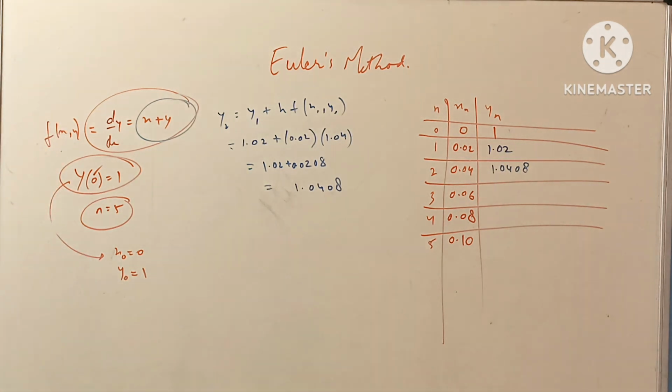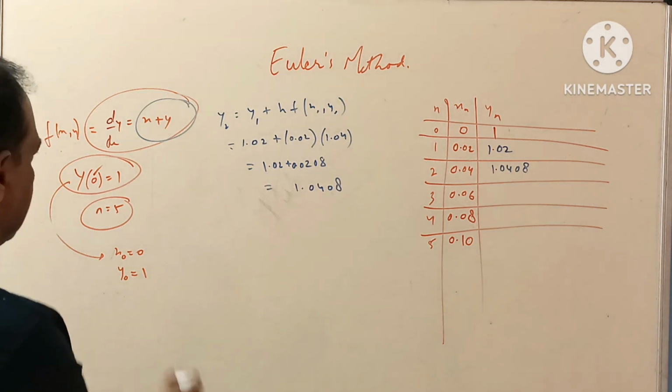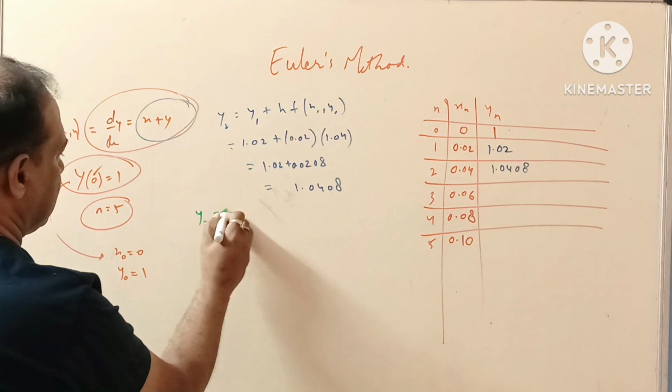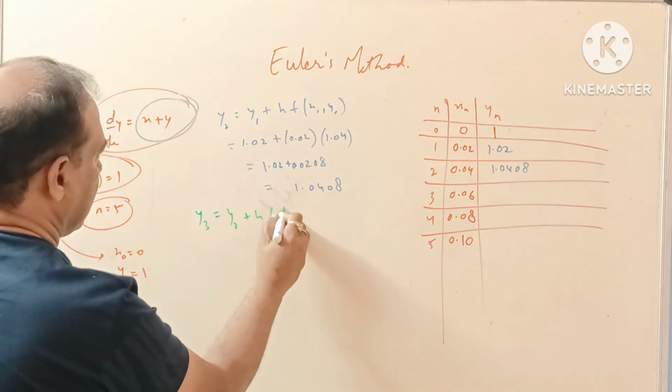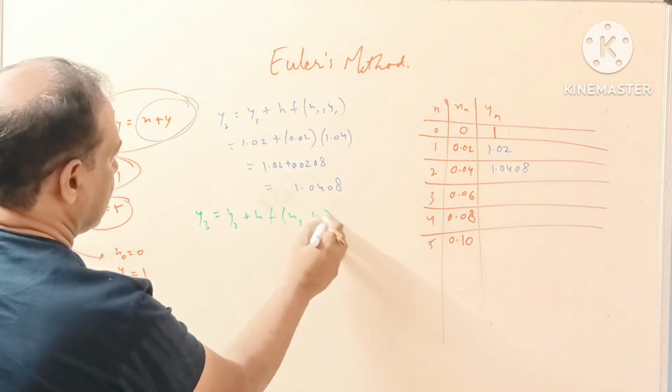Now for the value of y3 I have to write down the formula, and the equation will be like this: y3 is equal to y2 plus h f(x2, y2).